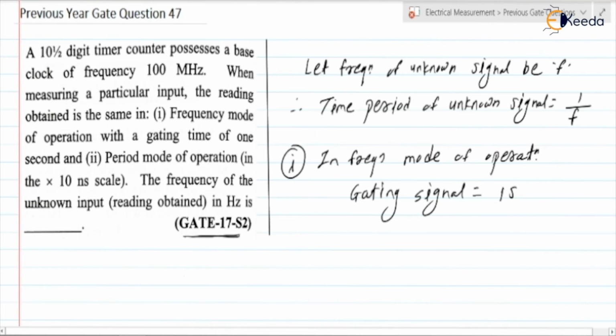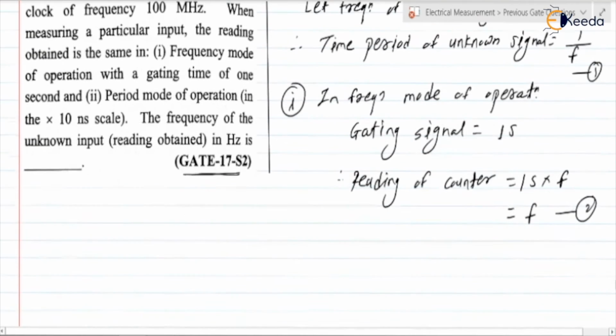It is not 15, be careful, it is 1 second. Therefore the reading of the counter is equal to 1 second into frequency. So it is equal to f only. Consider it as equation 1, consider it as equation 2.